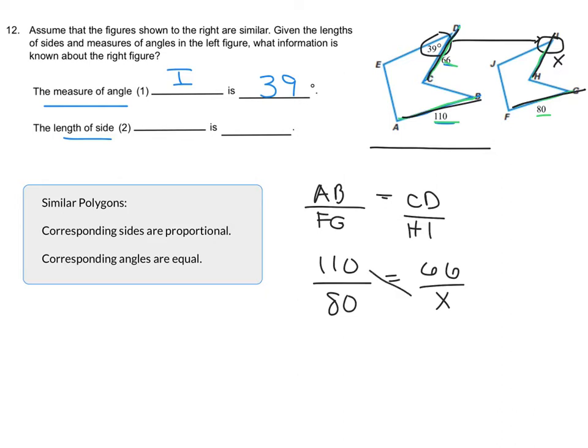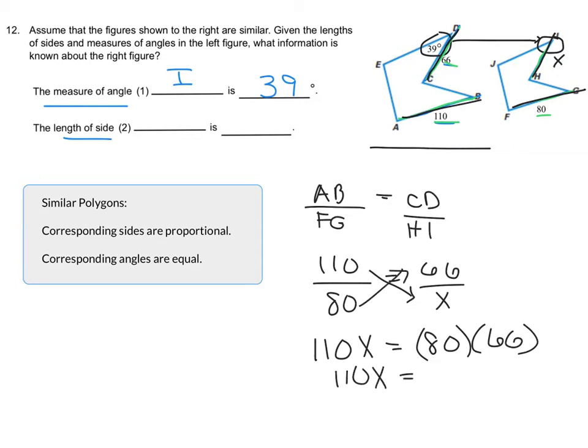First we'll do 110 times X, which is 110X, and then we can multiply 80 by 66. We get 110X equals 80 times 66, and 80 times 66 is 5,280. Next, we'll solve for X by dividing both sides by 110.